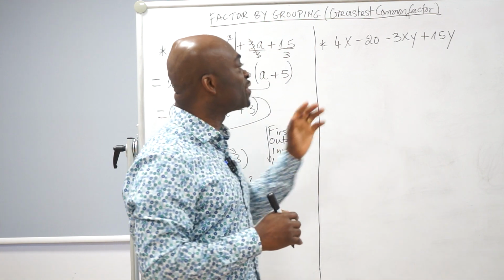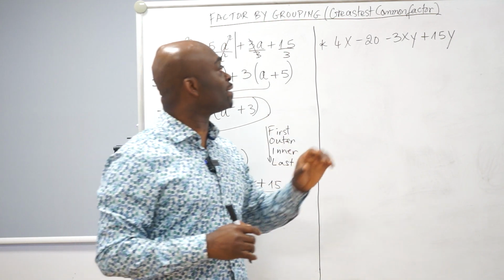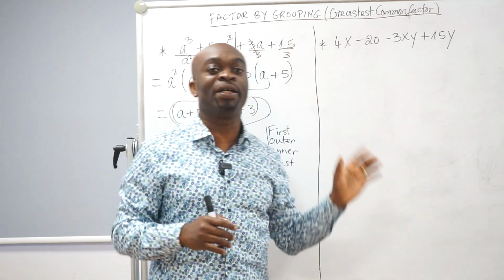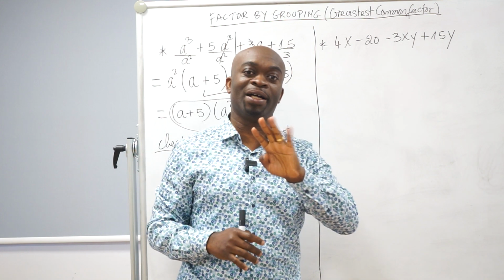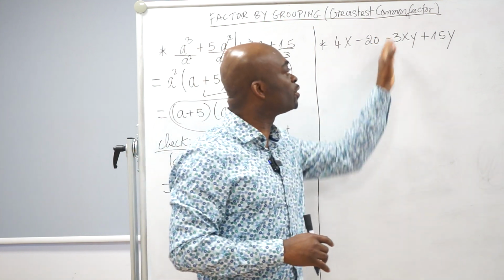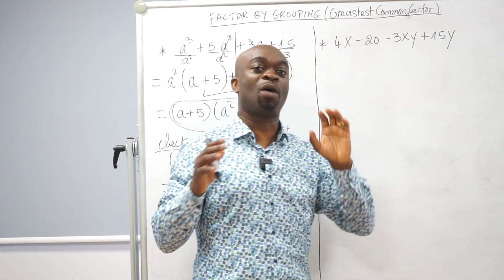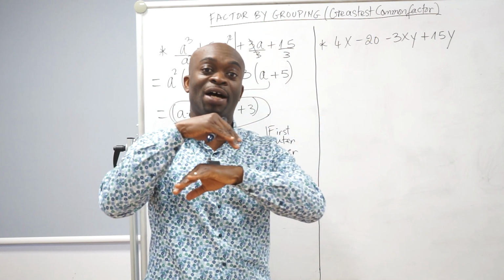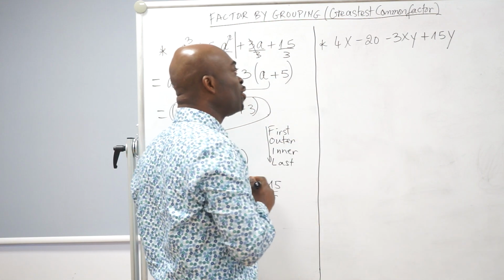So again, you got to think, I have 1, 2, 3, 4 terms. A lot of times you use factoring by grouping under this topic when you have 4 terms. Keep that in mind, okay? So that we are able to split in 2. But sometimes you will split in 2 and it may not work, so you have to shuffle things around. But we are not there yet. Okay? So let's go here.